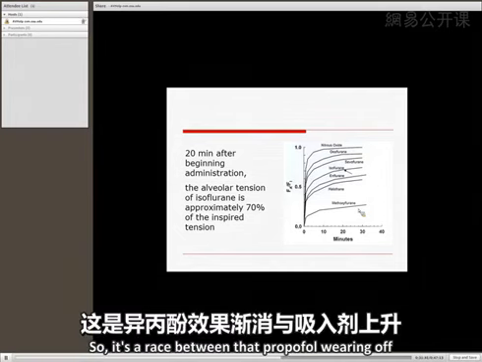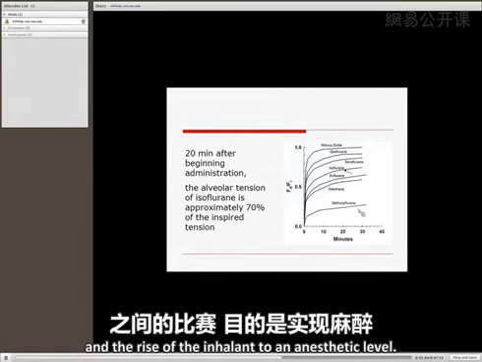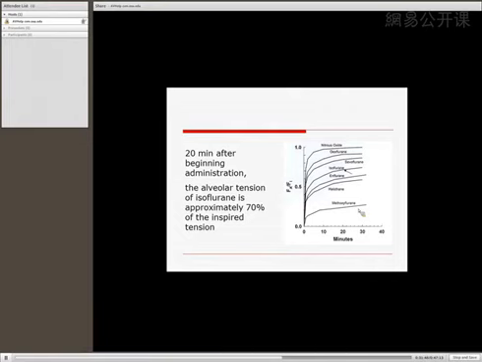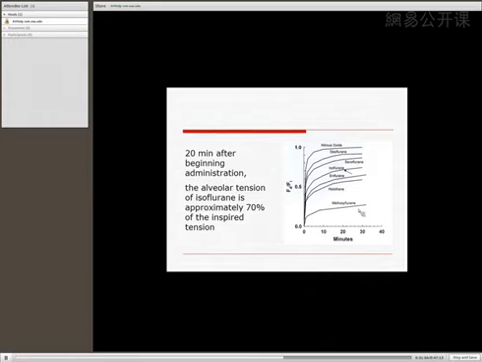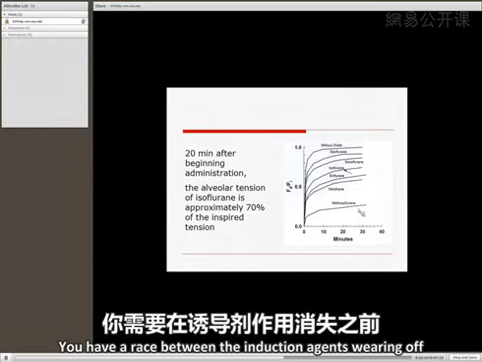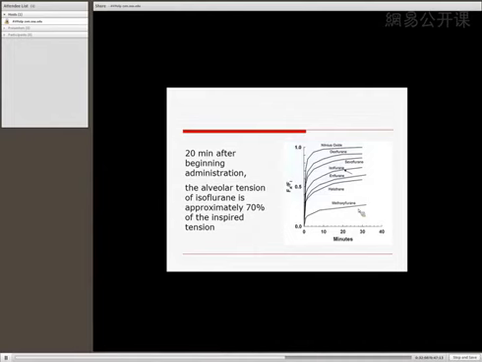So it's a race between that propofol wearing off and the rise of the inhalant to an anesthetic level. You have a race between the induction agents wearing off and you establishing a level of inhalant anesthetic that will keep the patient asleep.